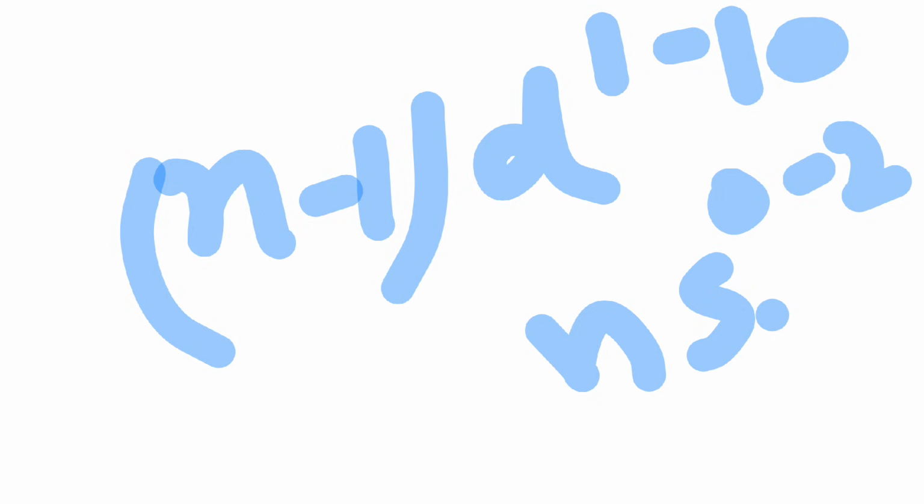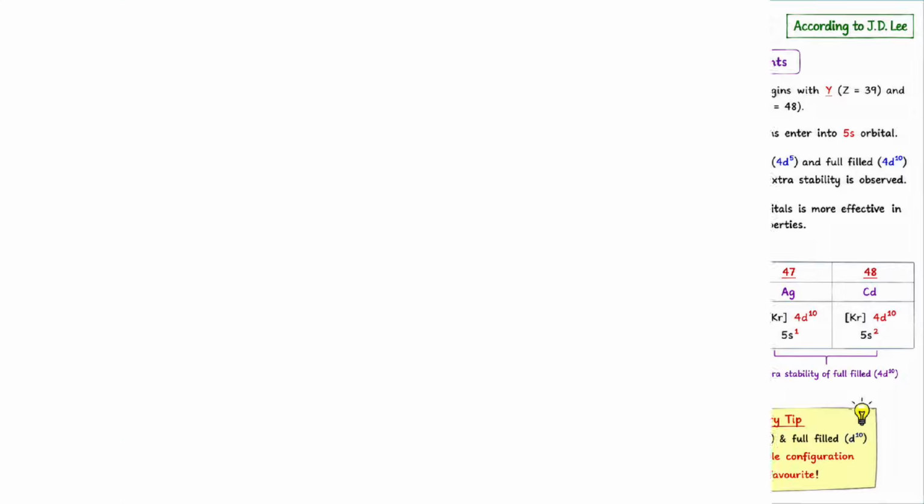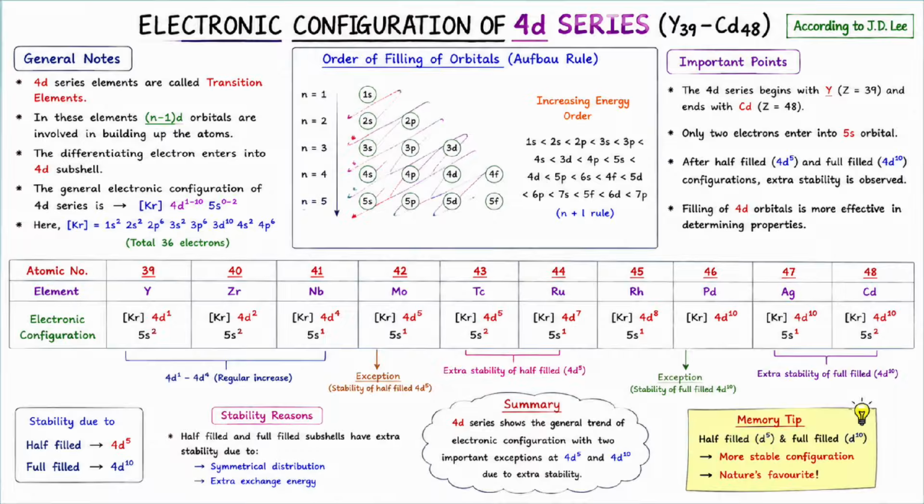So this is the electronic configuration. Now yttrium: we can write the electronic configuration as 5s2 4d1.